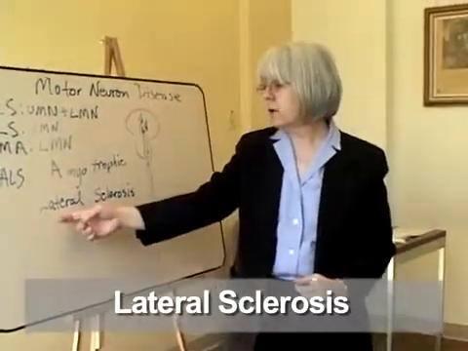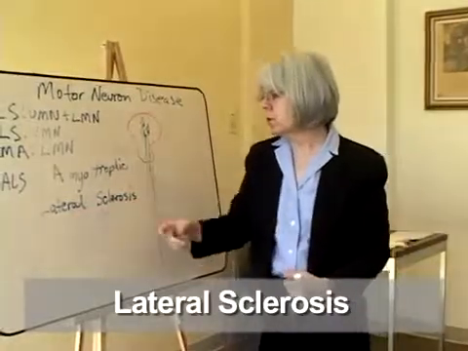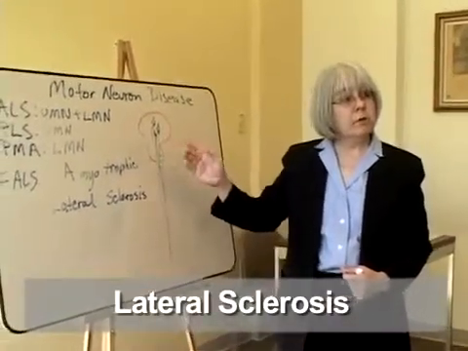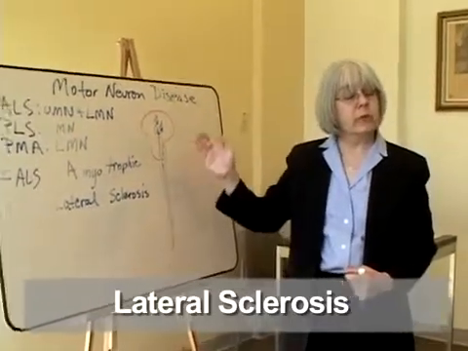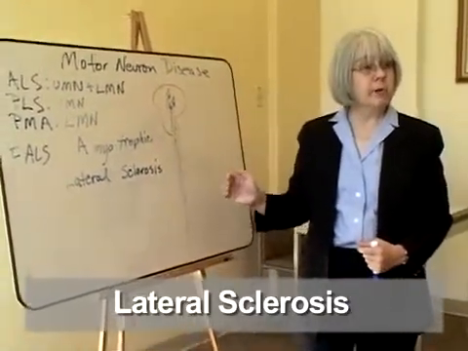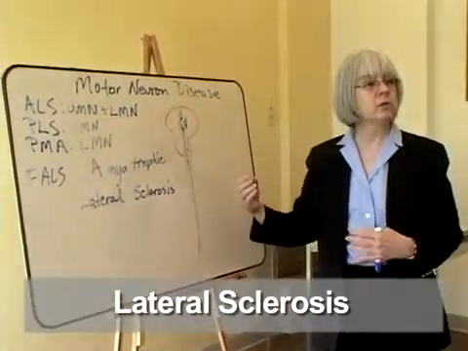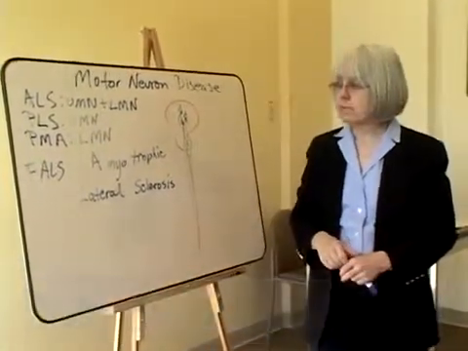So in the lateral area of the spinal cord, there is sclerosis. What they see from the upper motor neurons that have died off, there's a scar tissue that's left, a hardened, scarred area. There's debris that's left.